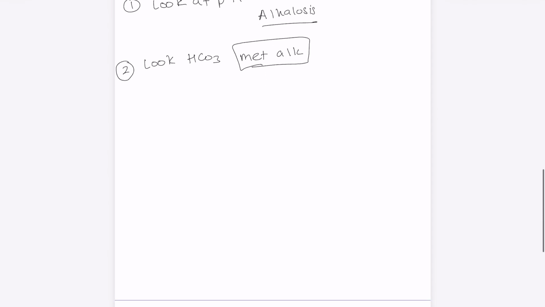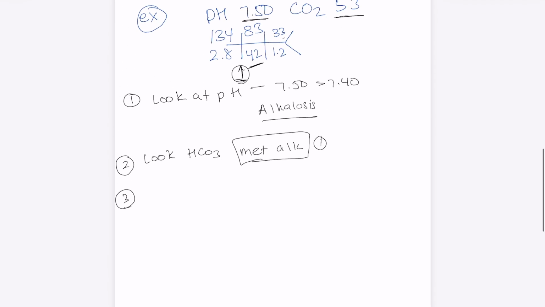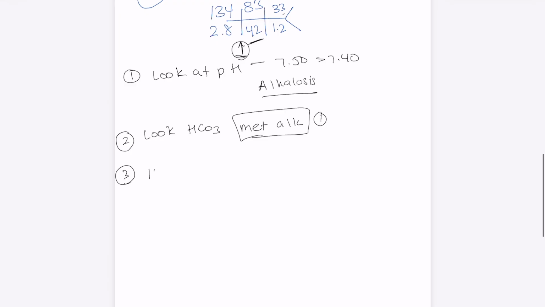Third, I'm going to calculate the anion gap. The formula for anion gap is sodium minus chloride minus bicarb.